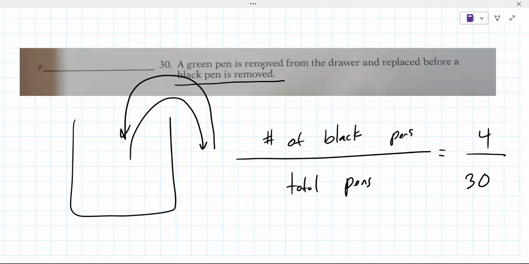Is this correct? 0.132? No. There's a button for a fraction there to the right. You'll see. I have a 4/30, put that. Now I need to reduce there.